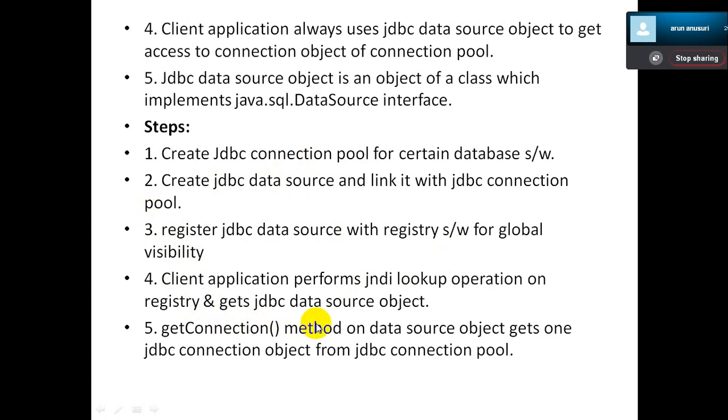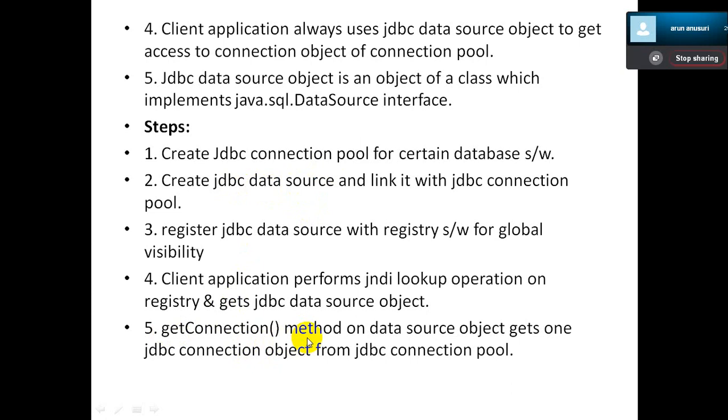The getConnection method on the data source object gets one of the JDBC connection objects from the connection pool. So we are creating a data source, registering it with JNDI, then doing a JNDI lookup in our application to get the data source we created, and from that data source we get the connection using the getConnection method.